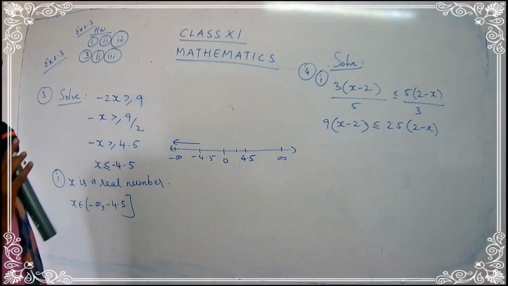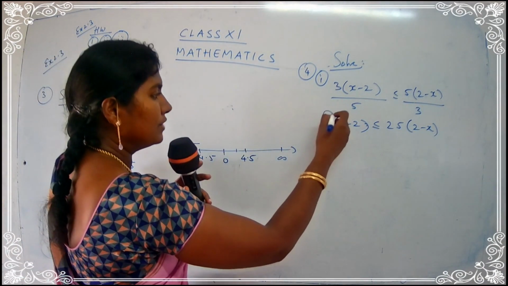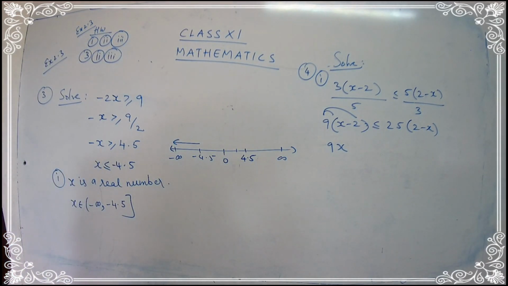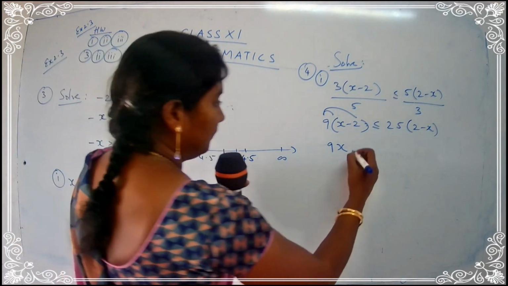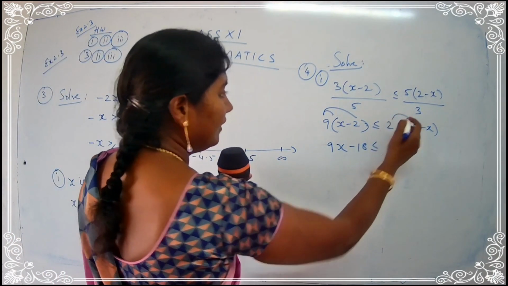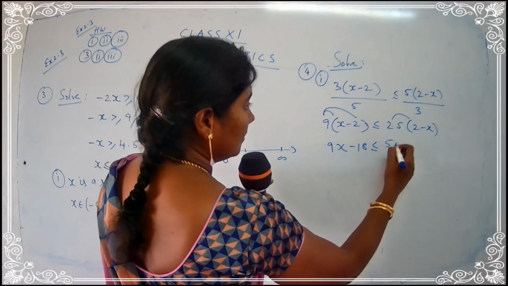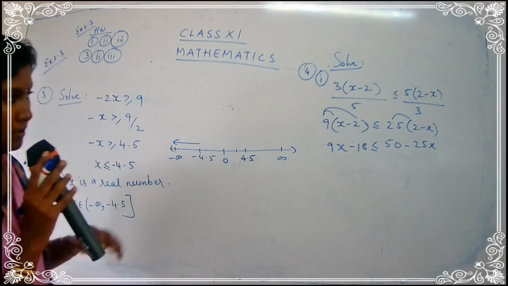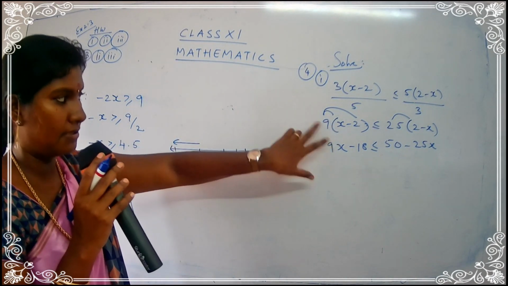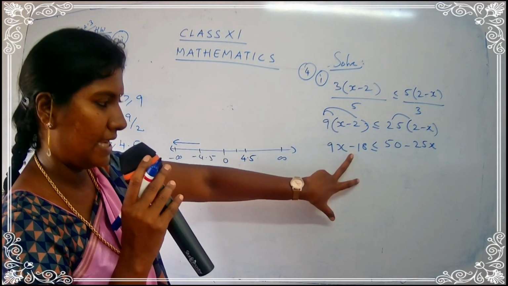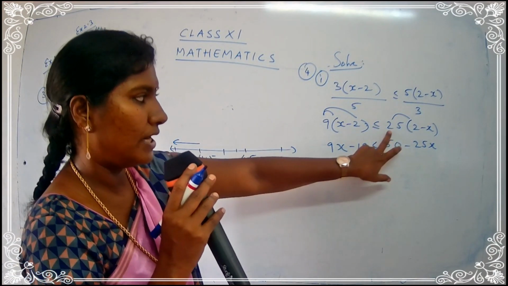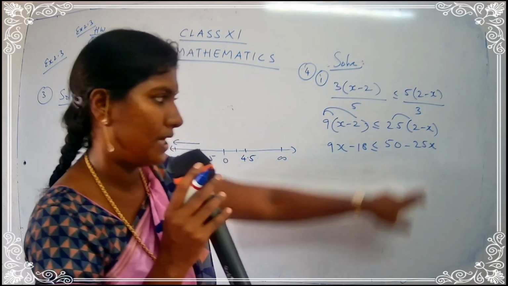Now let's open the bracket. 9 into x, 9x; 9 into minus 2, minus 18, less than or equal to 25 twos are 50, 25 into minus x, minus 25x.